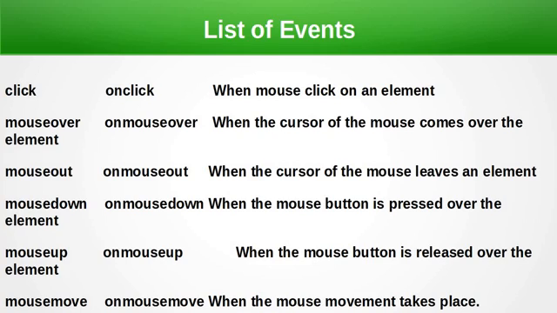Events may be inline or external types. With the help of JavaScript, we can detect when certain events happen and cause things to occur in response to those events.